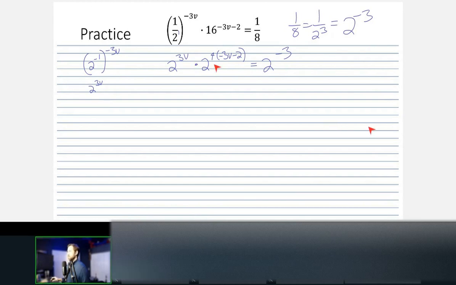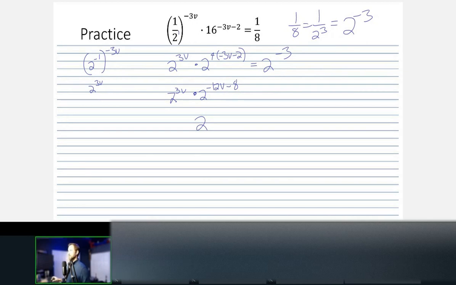All right. And then what does the left side become? And actually, before that, let me simplify some stuff, as it looks like I probably should. Okay. Now, what should it become? 2 to what?